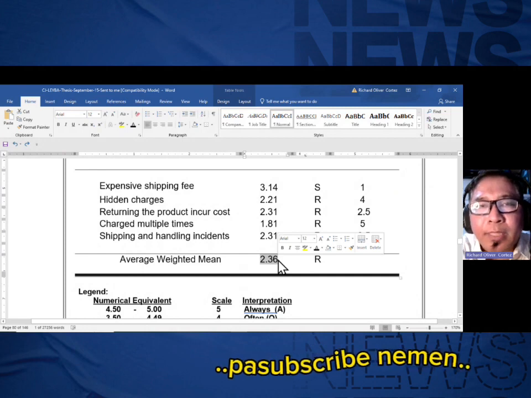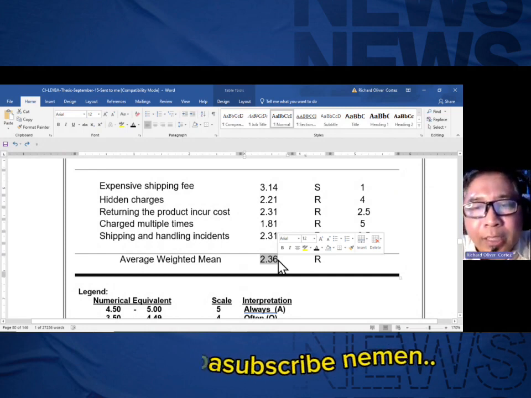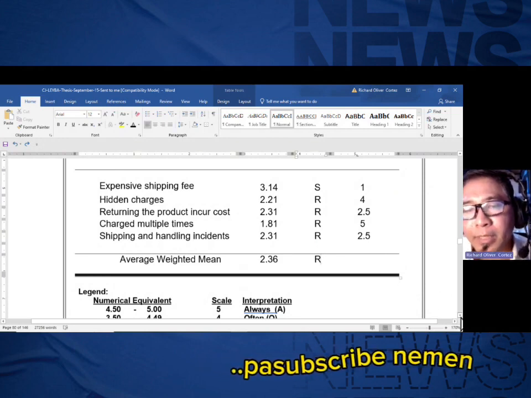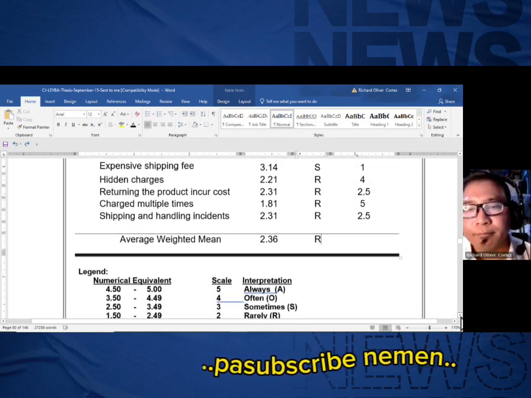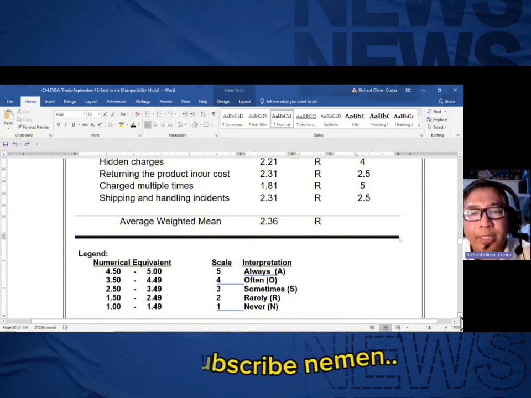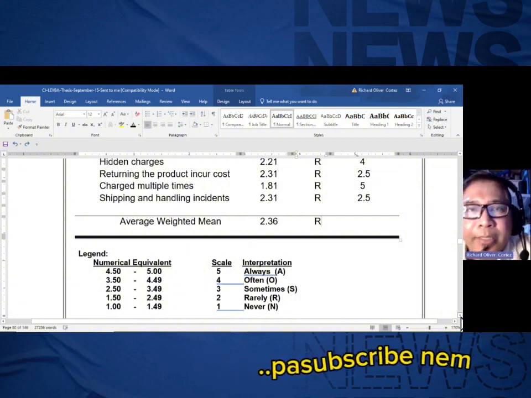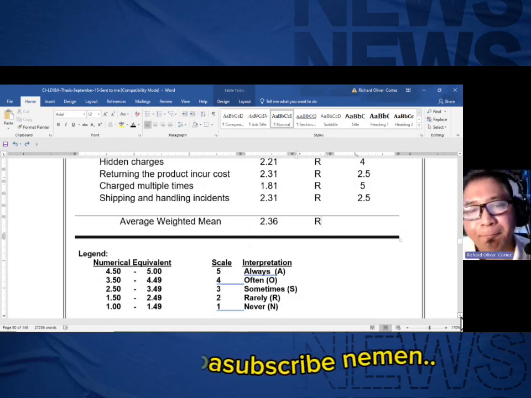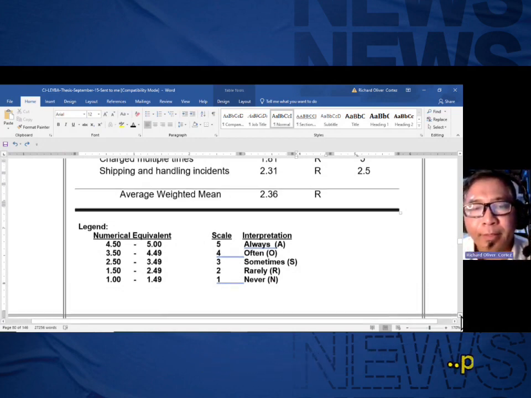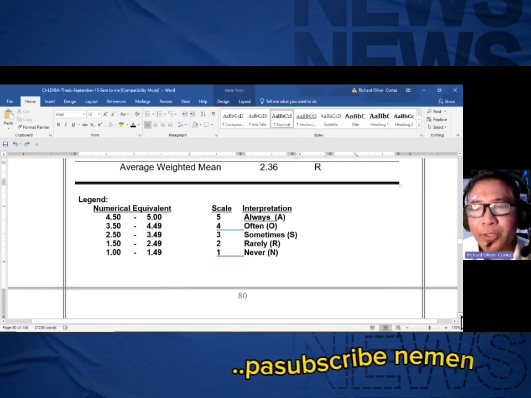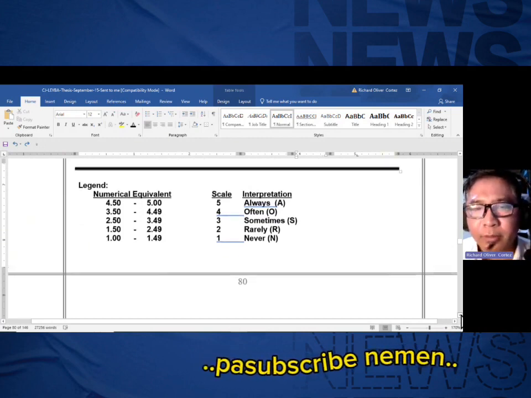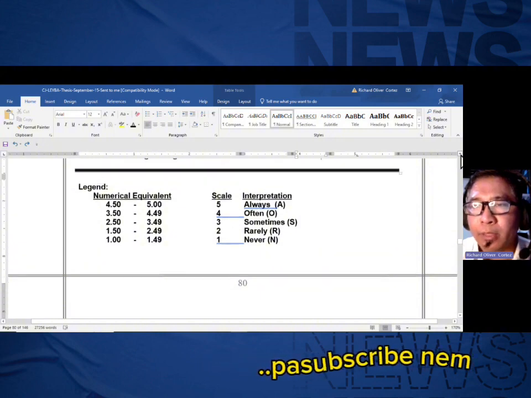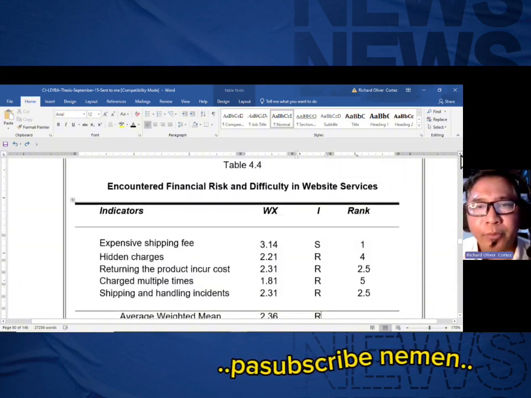And still represented by your letter R. And that is how you present the table for the Likert or rating questions sa iyong questionnaire. And of course, you should have the interpretation for the table. So we are going to interpret this table. This table is numbered 4.4.